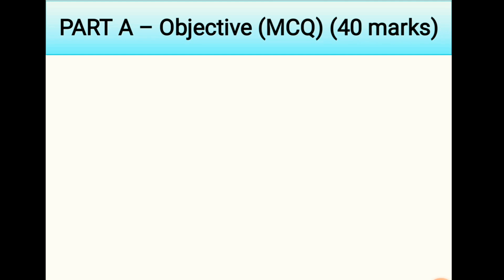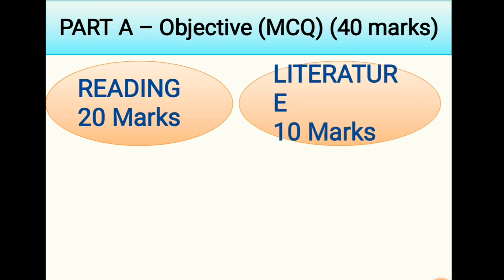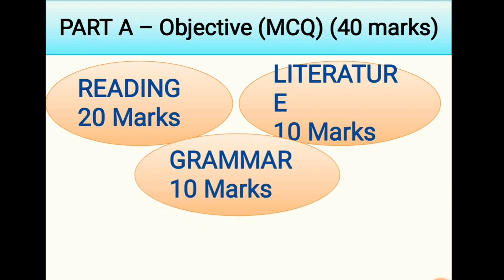Moving ahead, let us look at the objective part of the paper once again with a little more clarity. The 40 mark paper is divided into reading, literature and grammar. So you can see how the 40 marks are divided, 20 mark reading, 10 marks literature and 10 marks grammar.